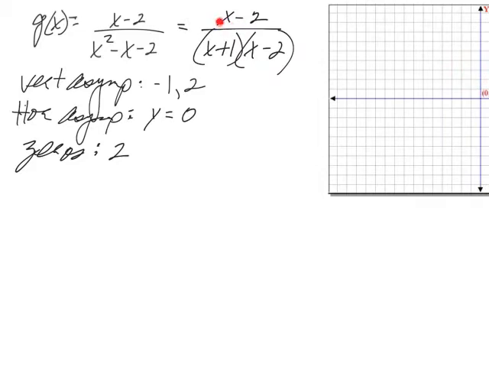If we put 2 in for x, we get 2 minus 2 is 0, which is fine. 2 plus 1 is 3, but 2 minus 2 is 0. 0 times 3 makes this 0, which makes it undefined. So whenever I use 2 to make this 0, I've also made this 0, making this whole thing undefined.